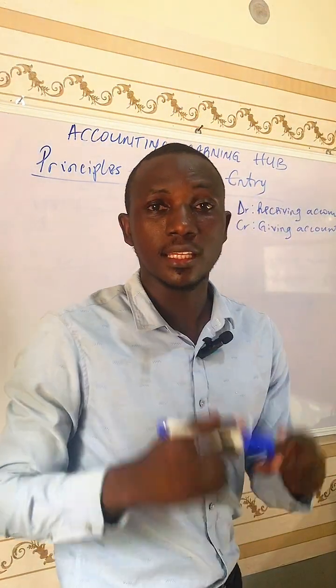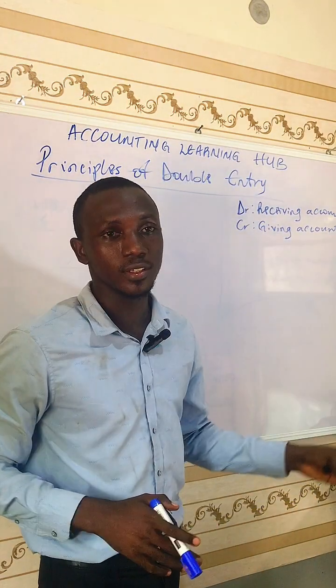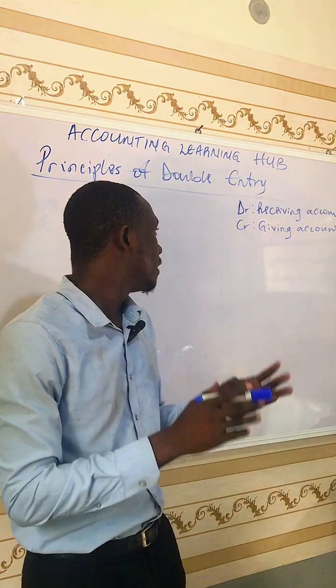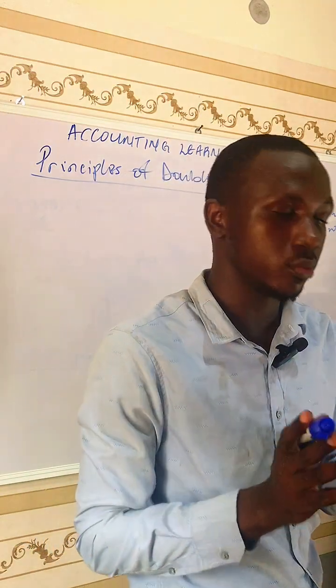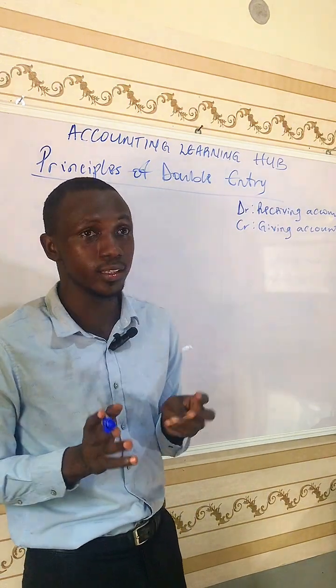So after you have identified the accounts that are involved, you debit the account that is receiving and credit the account that is giving.